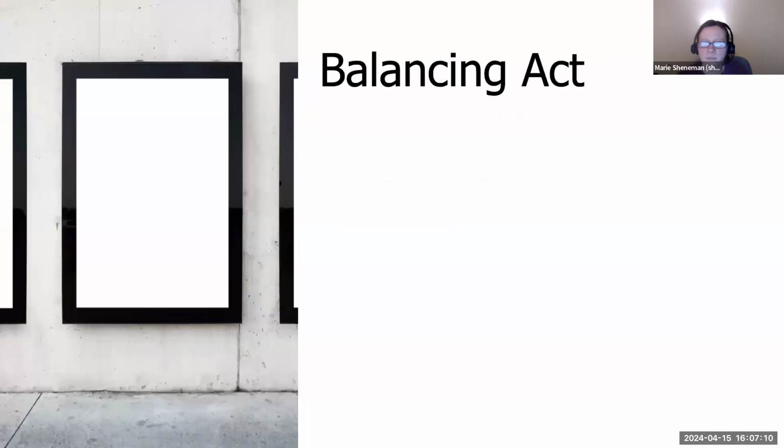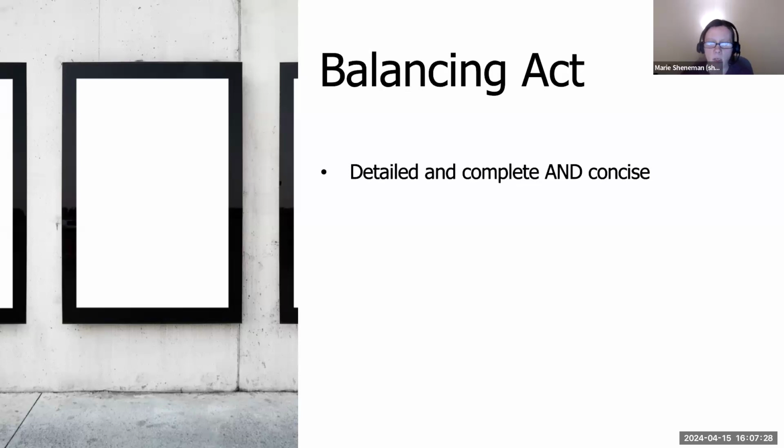So one thing to think about is that to make a great poster, it really is about a balancing act. You want it to be detailed enough that people know what your research is about, and complete as much as possible. But you do want to keep it concise. Again, it's not a research paper.